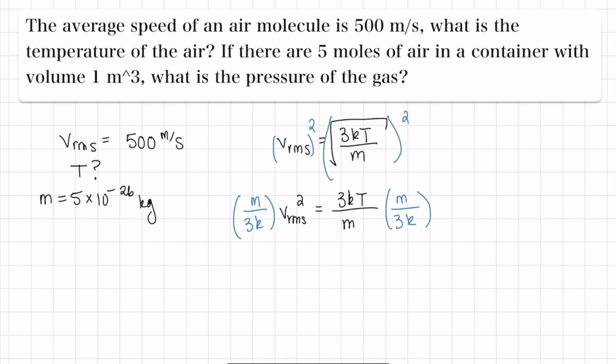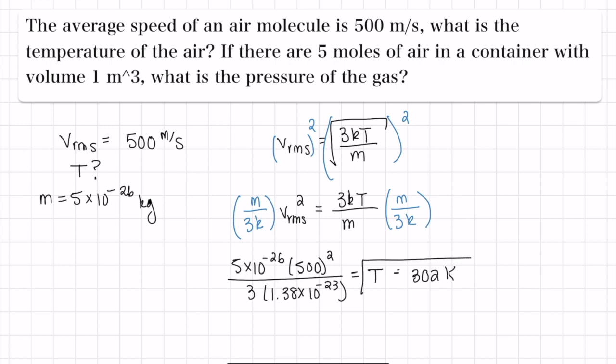But once we have that, then we can put in 5 times 10 to the minus 26 times 500 squared over 3 times 1.38 times 10 to the minus 23. And that is going to give us a temperature of 302 Kelvin.